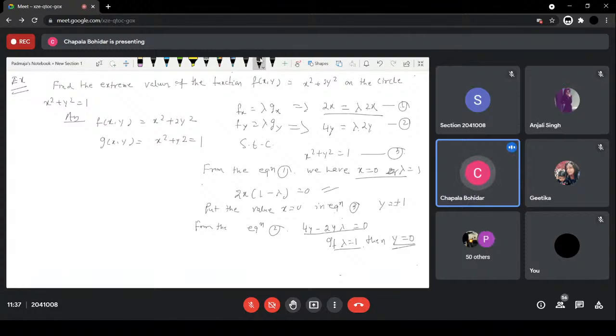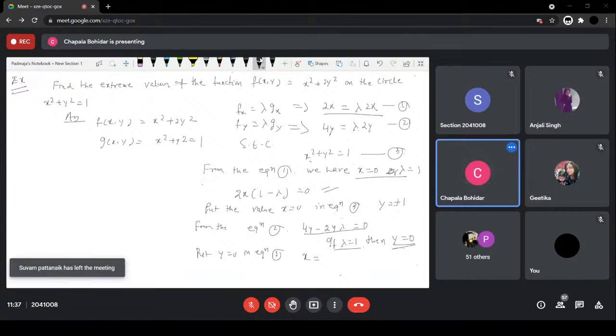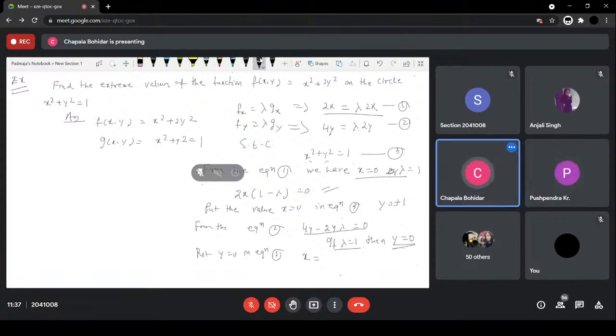So when y is equal to 0 in equation 3, what about the value of x? The value of x is equal to plus minus 1.